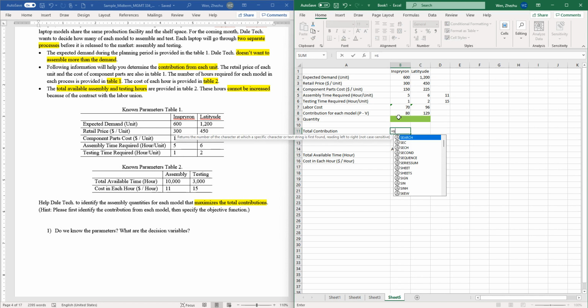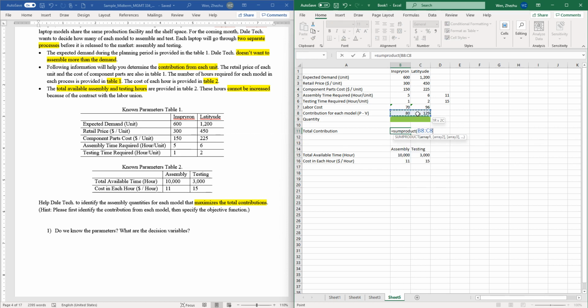So aka sum product. Contribution parameters with a quantity which is to be determined using your solver. So this is your decision variable, to be determined by the solver. All right?